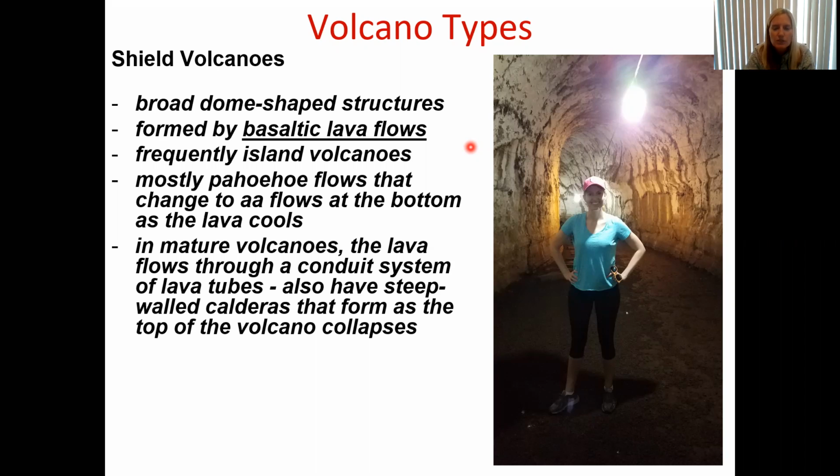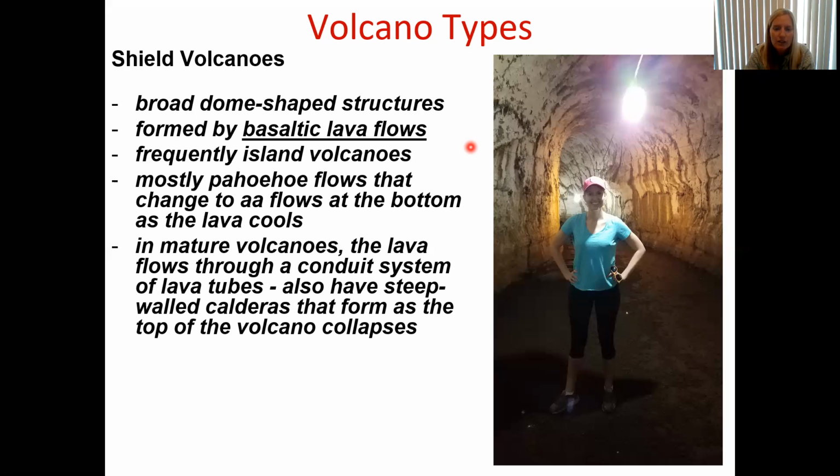And like I said, it's mostly pahoehoe flows. These lava flows can create this conduit system of lava tubes from the shield volcanoes. So you can see there that's a picture of me standing in a lava tube.